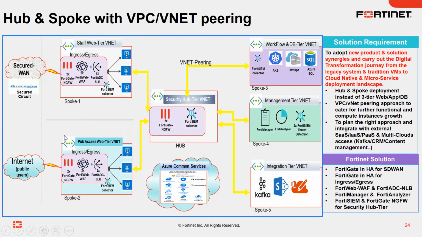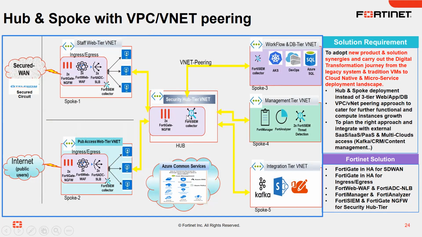Since this solution also targets public user access, we also create one hub or VNet to allow the public traffic through this ingress and egress spoke to here. Once the traffic hits the hub here, one pair of FortiGate firewalls will perform deep packet inspection on all the traffic and packets within the hub tier.